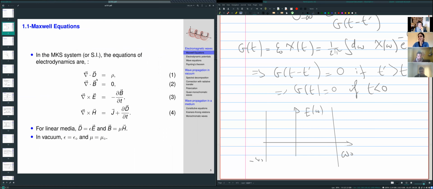the spectral decomposition. Since we are talking about the medium in the absence of free charges, this is 0. And since all these vectorial operators are linear, we can exchange them with the Fourier transforms, and each of these equations can be written into the Fourier domain counterparts. Now the difference comes from the time dependence.